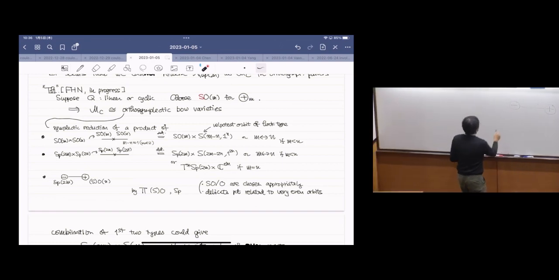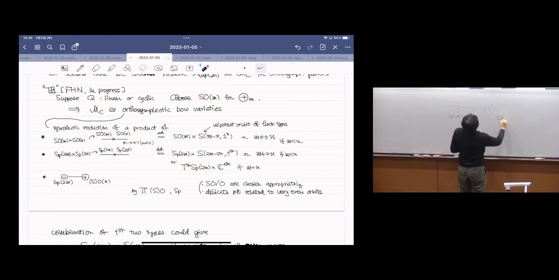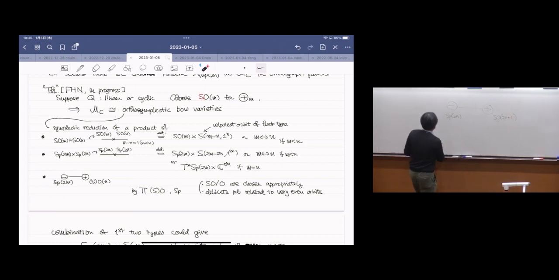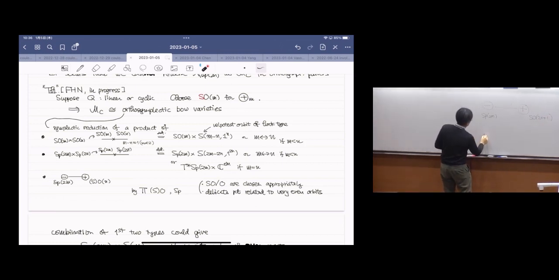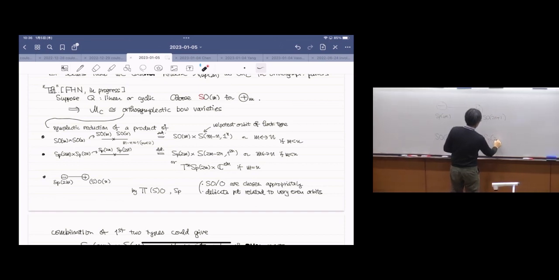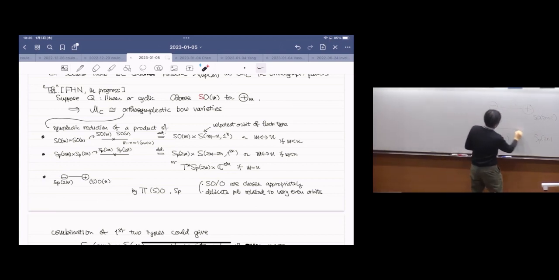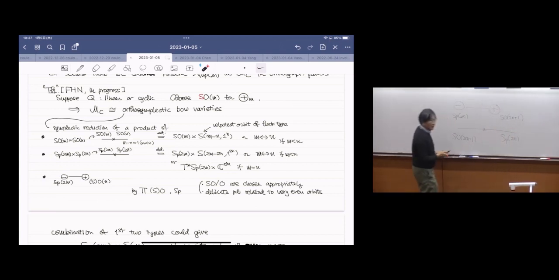So this is SP of 2m, and this is SO of maybe 2n plus 1. Then if you replace naively by the Langlands dual group, you get SO of 2m plus 1, and this is SP of 2n. So according to this notation, we should have this kind of variety.